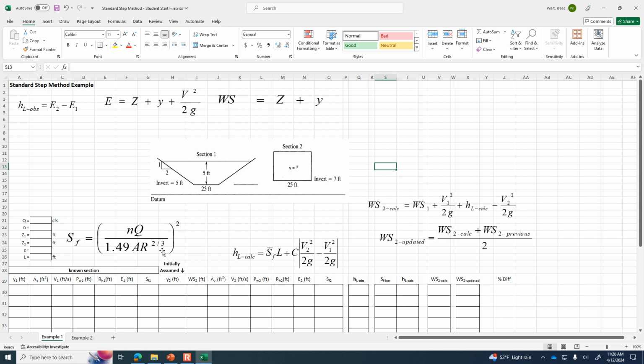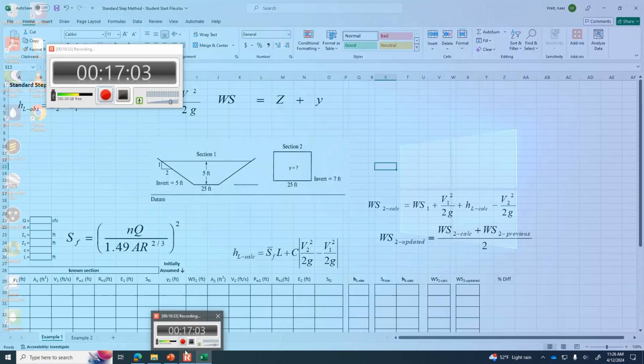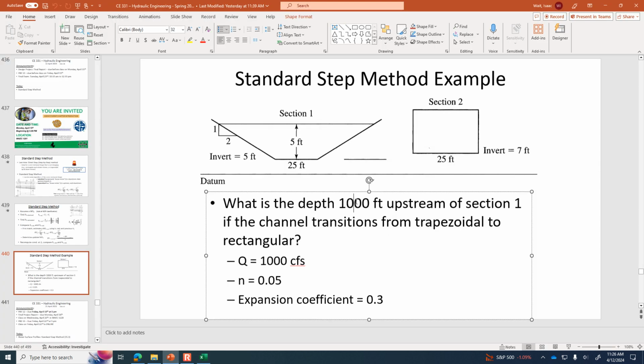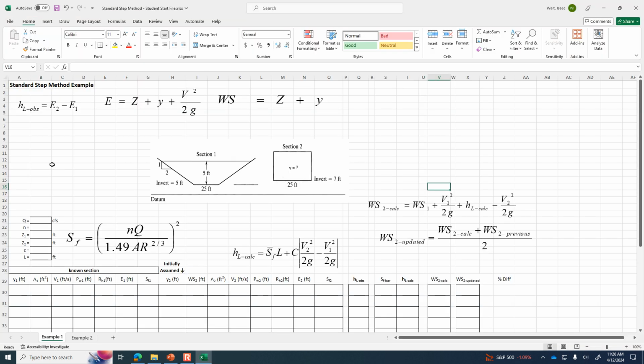So if you were doing this method for a real natural channel, you'd only apply it for a small section. You wouldn't do 1,000 feet for a single step. We can get away with it here because it's a prismatic channel that's changing gradually. But in the real world, you'd have a different spreadsheet for each segment.